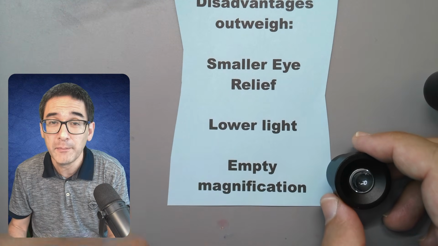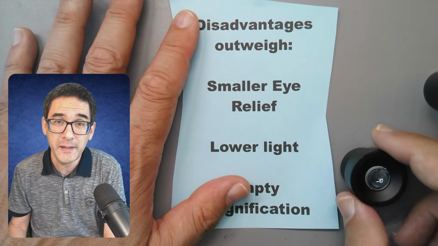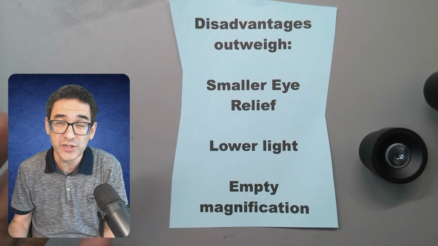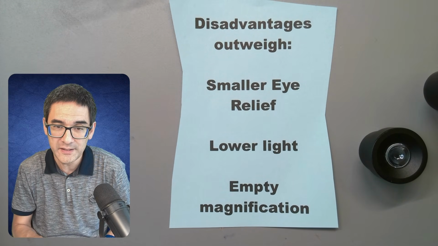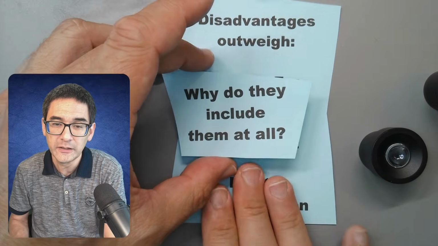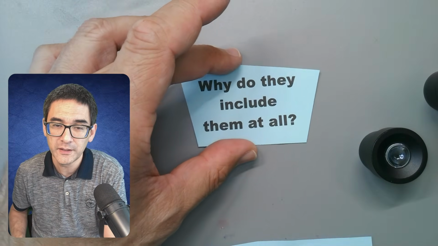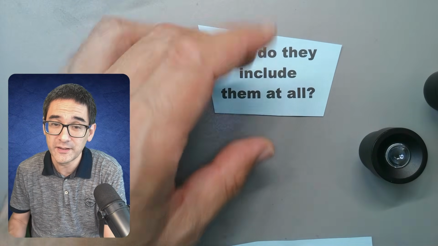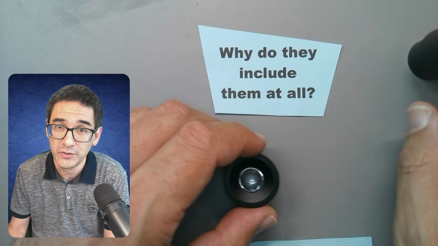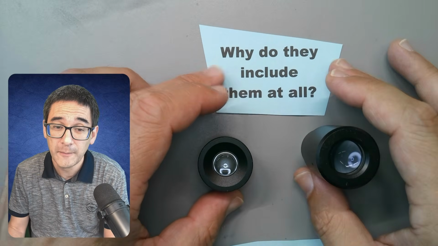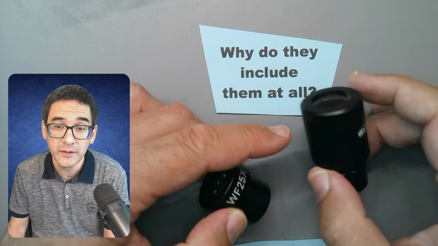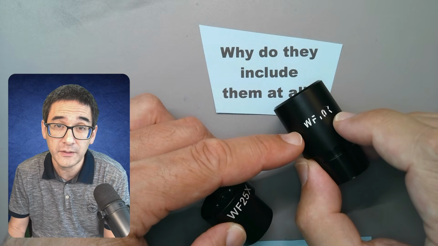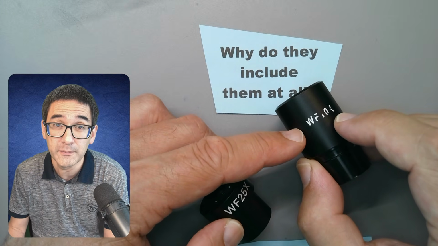It's called empty magnification. So this begs the question: if the disadvantages outweigh the advantages, why do microscope companies decide to include them with their microscopes? The reason is mostly marketing. Those eyepieces essentially allow you to increase the magnification 2.5 times.